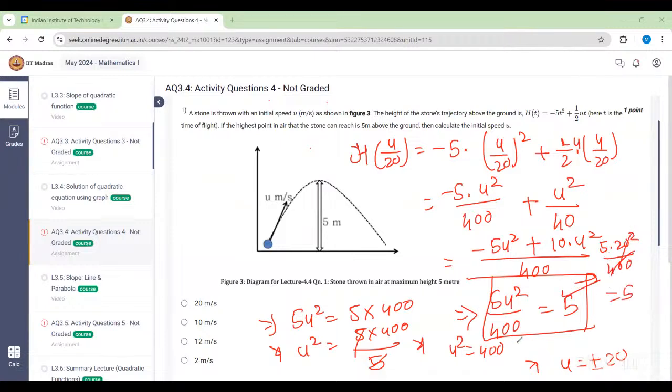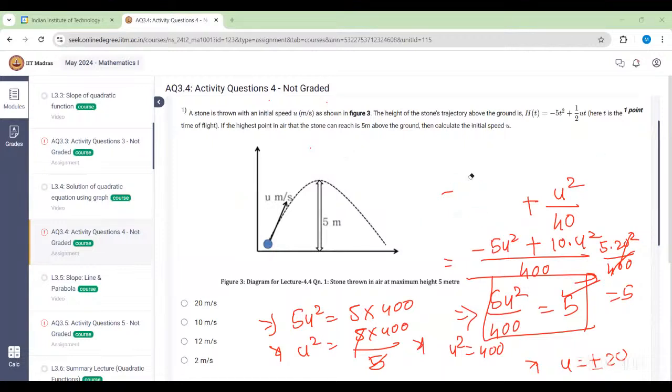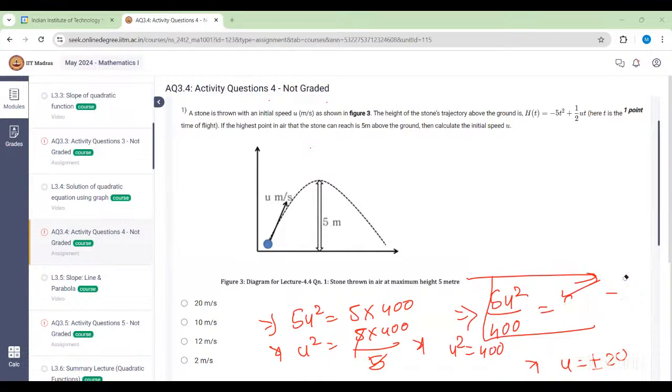If you substitute the value of u anywhere else, I don't think you will get the same answer. I was doing u plus 20 plus 5u square by 400 equal to u. In place of 5, you put u. Yes. Okay, fine.